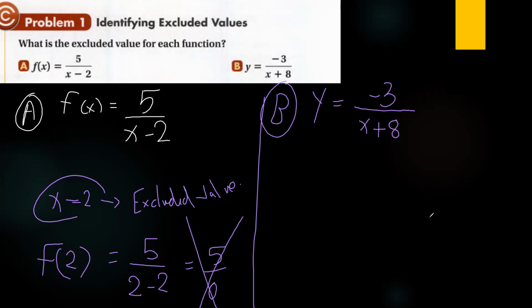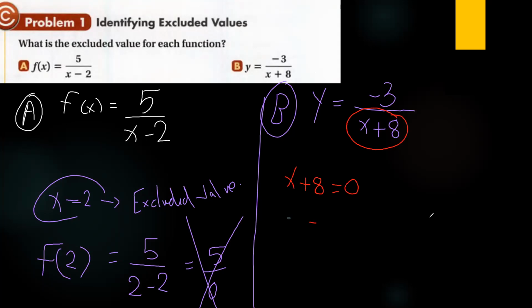What I have to do is bring the denominator. I say x plus 8, I bring the denominator and set it equal to 0, which is at point -8.